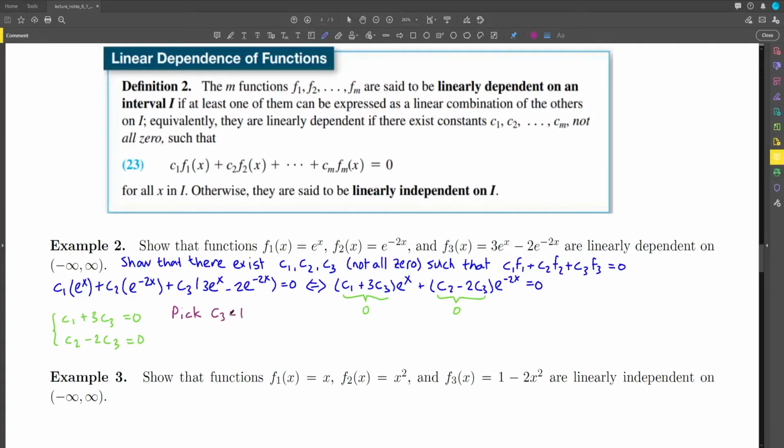So now, once I pick C3 equal to 1, my system of equations becomes the following. I have C1 plus 3 equals 0, and C2 minus 2 equals 0.